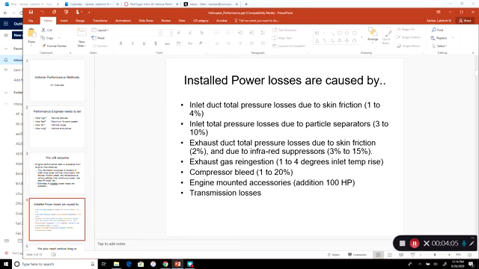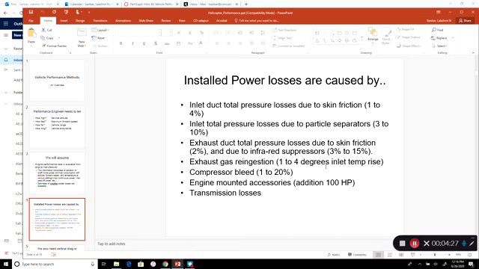If you re-ingest the hot gases, remember you're hovering, sometimes or maybe sitting on the ground, the way the engine is spinning, you may ingest the hot gases back in. You may get an increase in the inlet temperature. Thermodynamic efficiency is 1 minus T inlet by T exit.